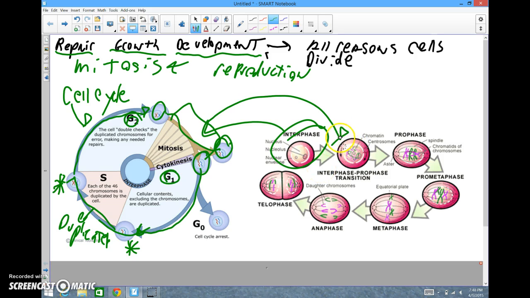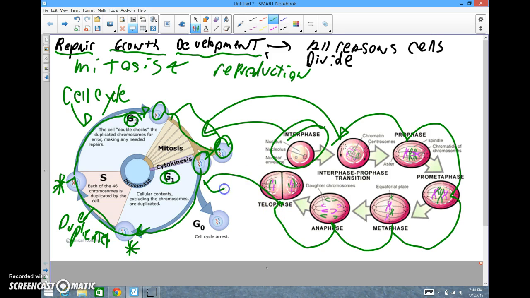So here, we start to see those chromosomes form, the nuclear membrane falls apart, then the chromosomes line up in the middle of the cell, and then the sister chromatids, which were created during the duplication in S phase, are ripped apart. And then the nucleus starts to reform, the chromosomes uncoil, and if it's an animal cell, a cleavage furrow happens. If it's a plant cell, a cell plate begins to form.